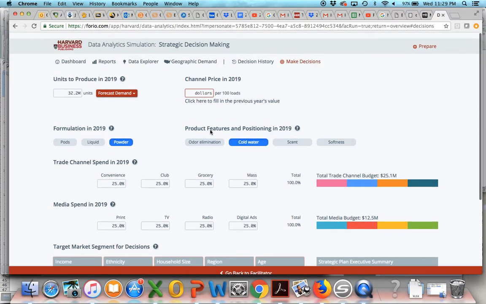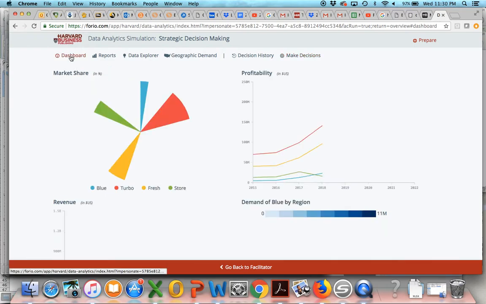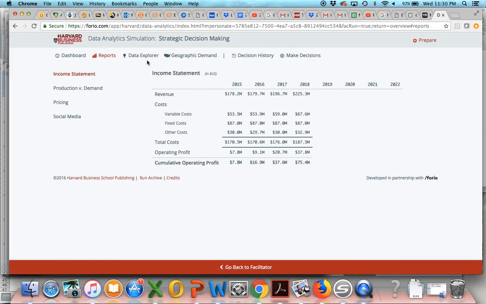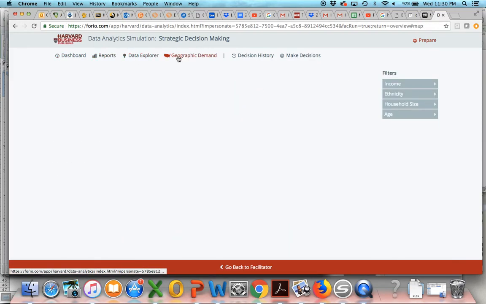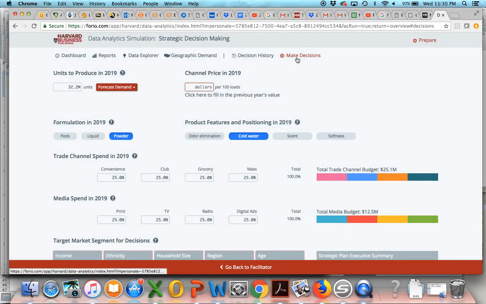So yeah, you should play through this whole simulation a couple times. The first time will take you a significant amount of time because you're going to want to look at all of these things and try to get a sense of what would be the best decision to make using the data here.